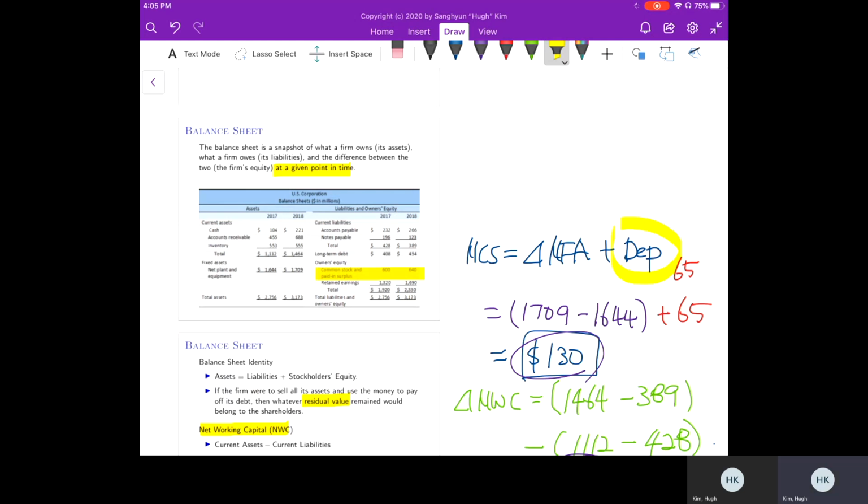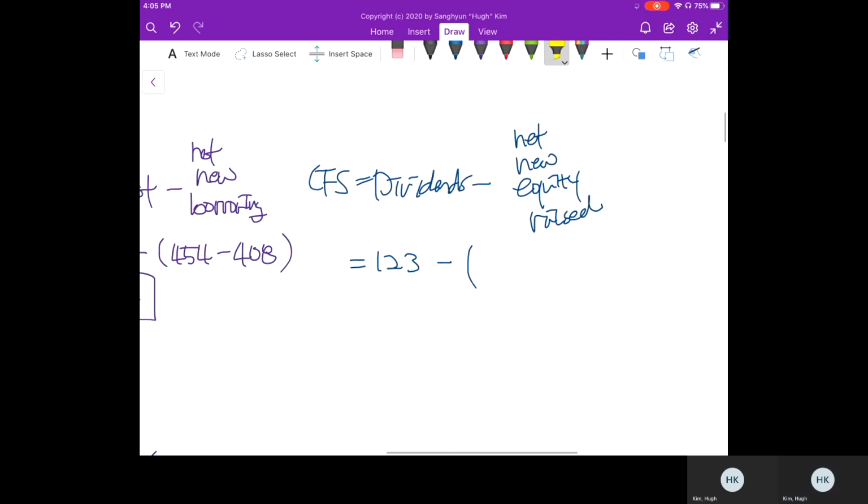So net new equity raised is 640 minus 600, the change in two numbers. So cash flow to stockholders is $83 million.